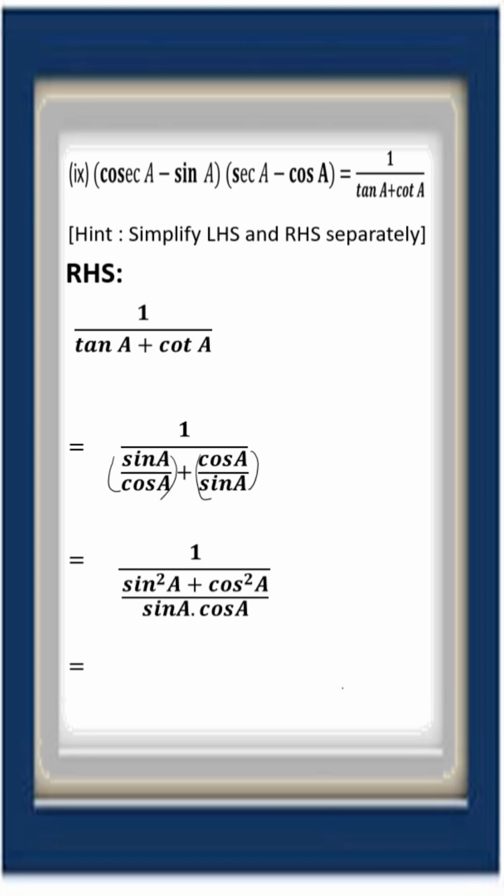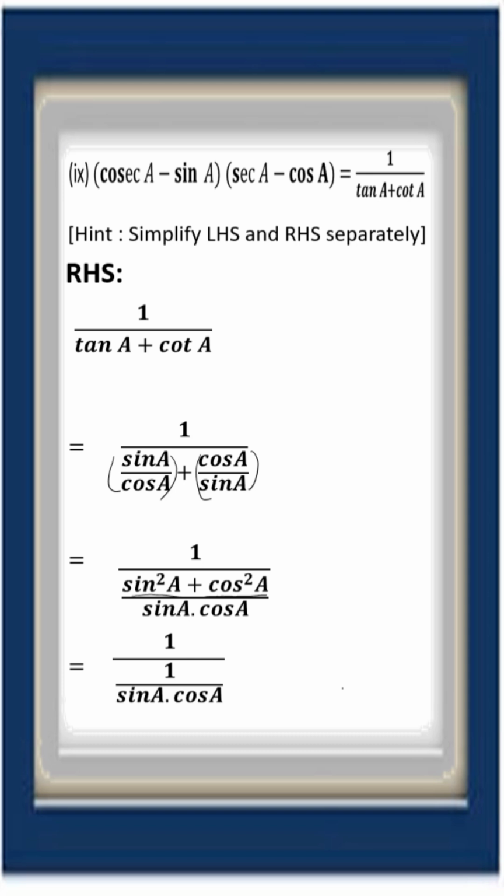So this is equal to, here if you observe, what will you get? According to Pythagorean identity, sin square A plus cos square A is equal to 1, isn't it? So instead of sin square A plus cos square A, let us write 1.